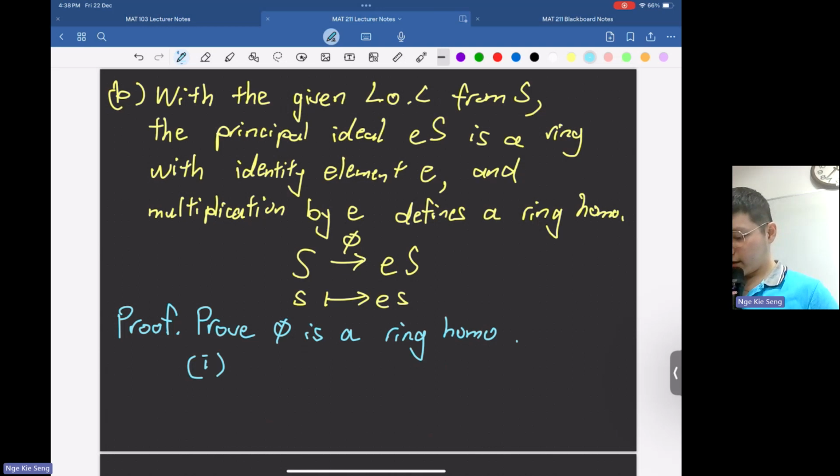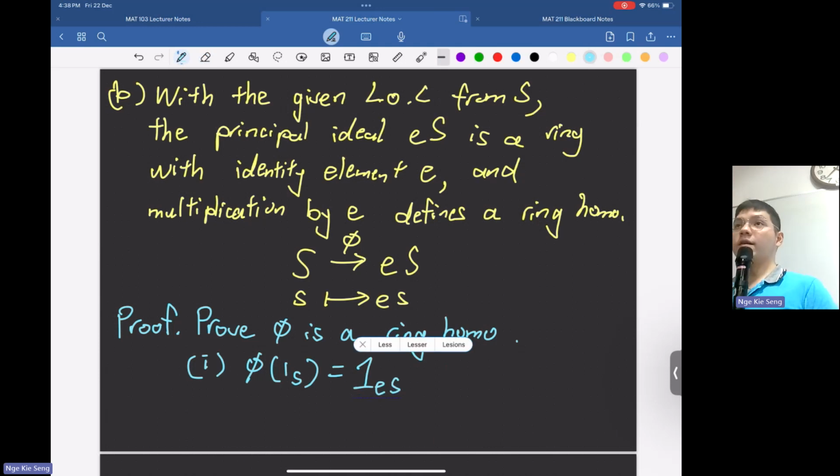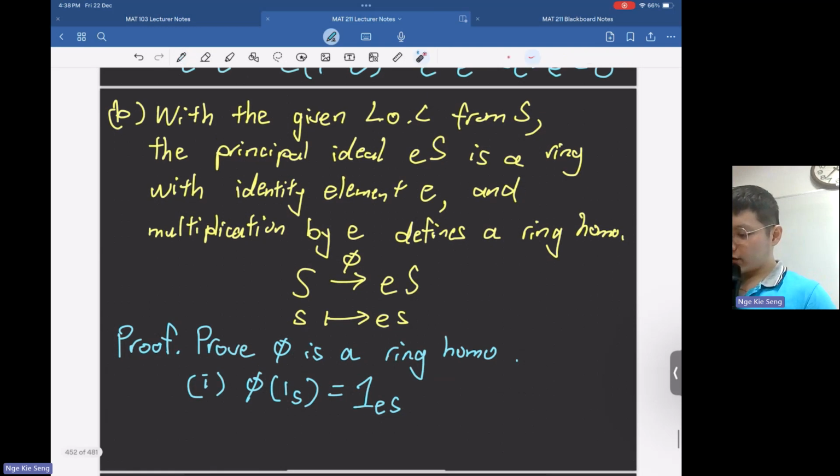Do I send 1 in X to 1 in EX? Okay. So what is 1 in EX here? Just now we said that the principal ideal EX is a ring with identity E. Okay, is it true?